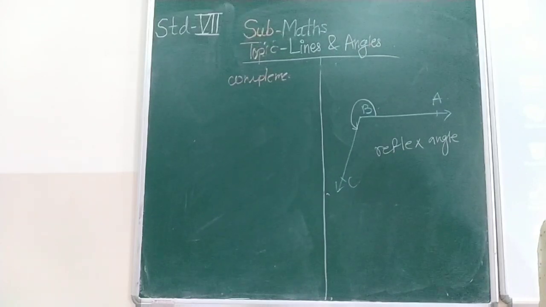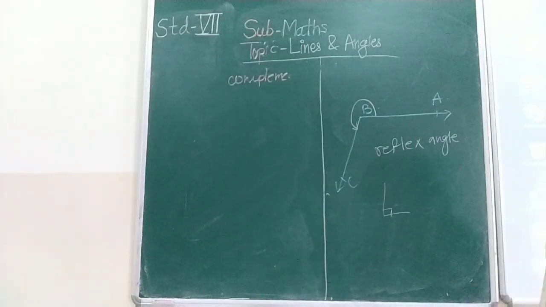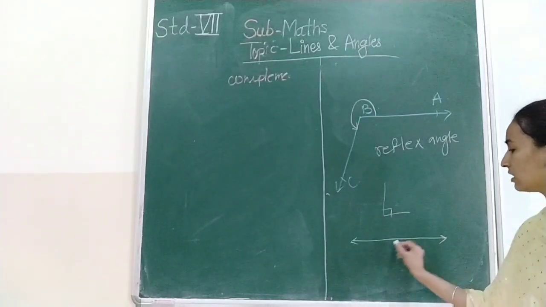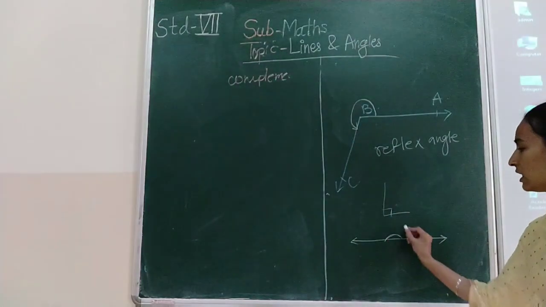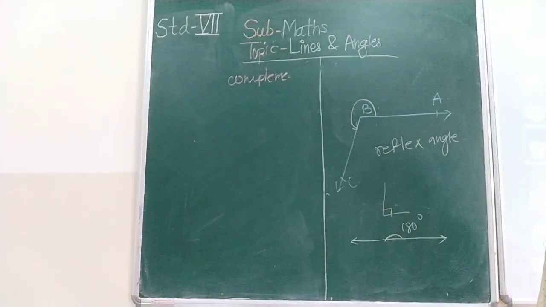Acute angle is less than 90. Then obtuse angle is greater than 90. Right angle makes an angle of 90 degrees. And what is a straight angle? A straight angle is nothing but this straight line. This angle is 180.